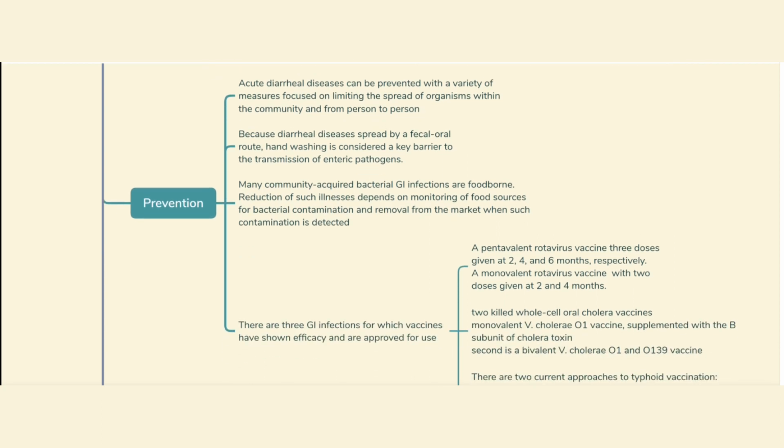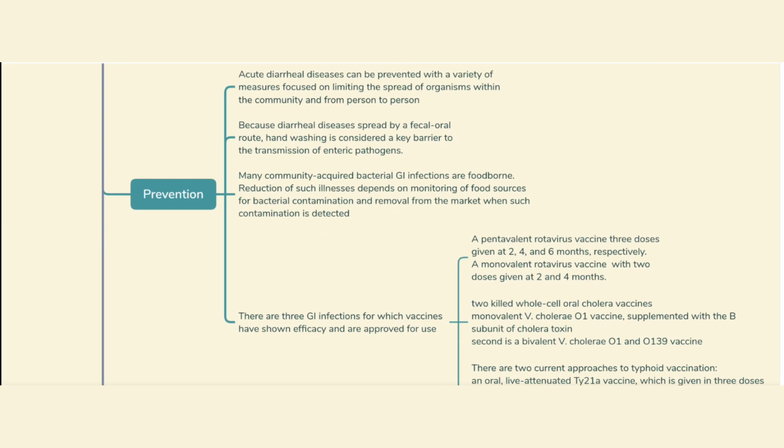That's why community-acquired bacterial GI infections that are not foodborne, that are fecal-oral, can be prevented by washing hands. And if they are foodborne, then it depends on monitoring the food sources for bacterial contamination.